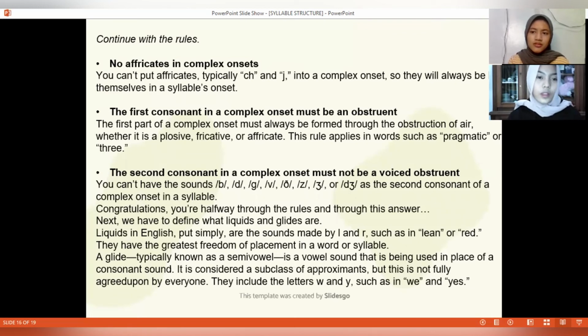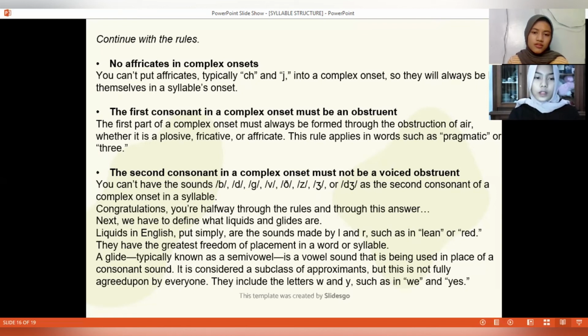Continue with the rules. The next is no affricates in complex onset. So you can't put affricates, typically ch and j, into a complex onset, so they will always be by themselves in a syllable's onset. Next is the first consonant in a complex onset must be an obstruent.